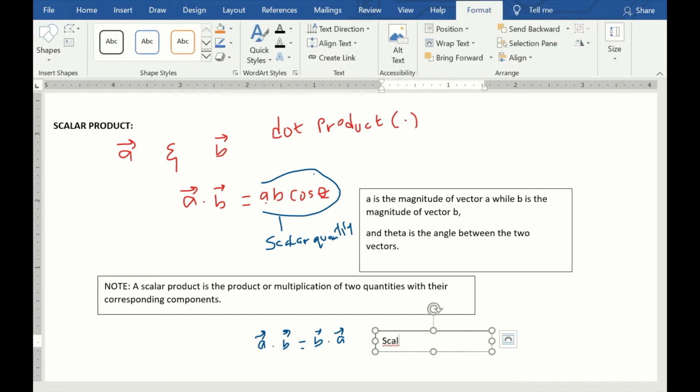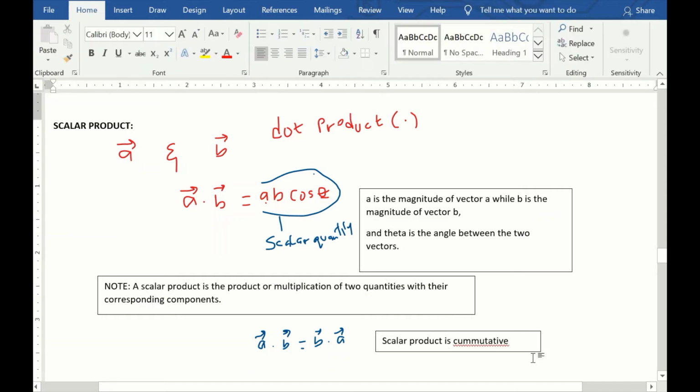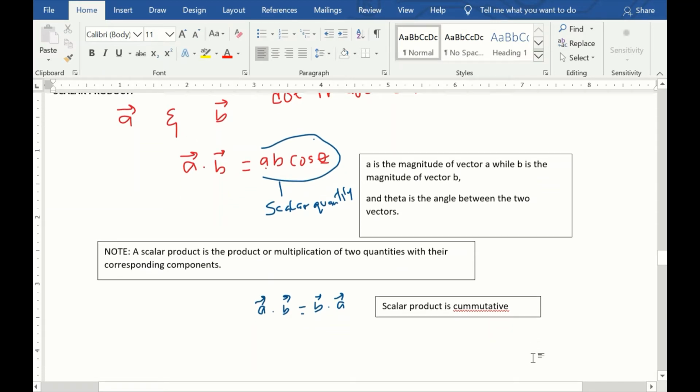Scalar product is commutative because it does not matter the way you arrange the question. You should get the same answer.